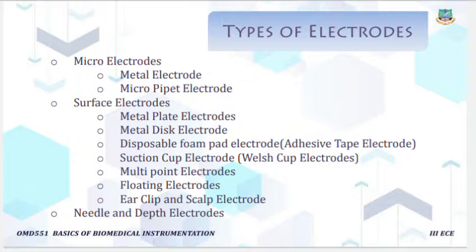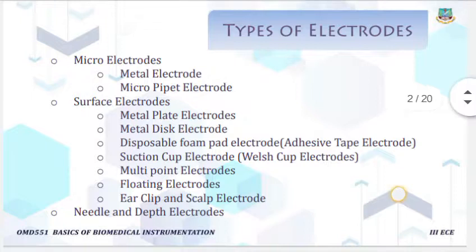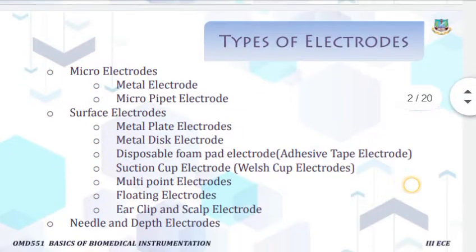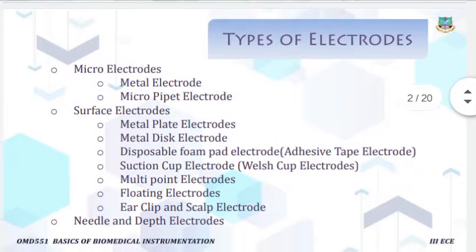Then the next one, surface electrode: metal plate electrode, metal disc electrode, disposable foam pad electrode or adhesive tape electrode, suction cup electrode, multipoint electrode, floating electrode, ear clip and scalp electrode, and the last one is needle and depth electrode.